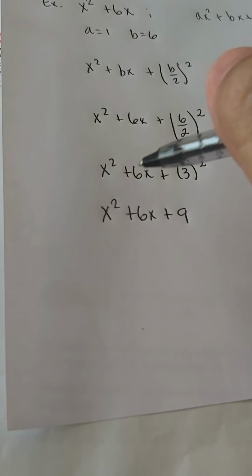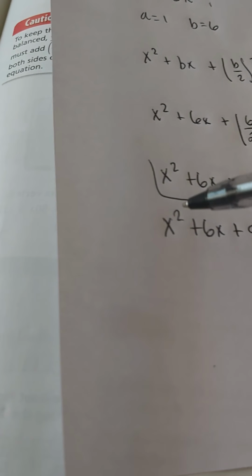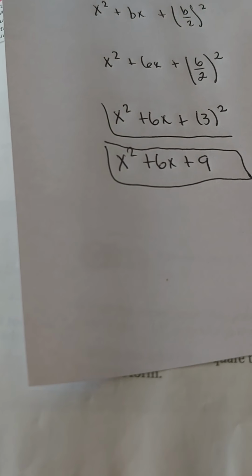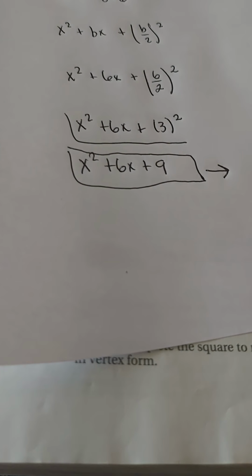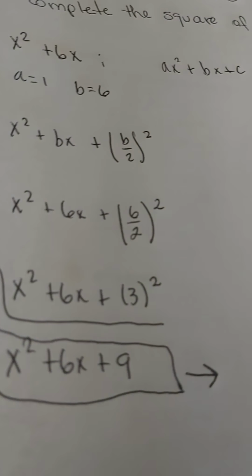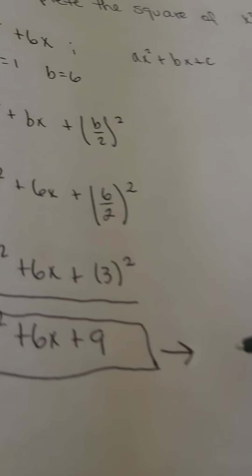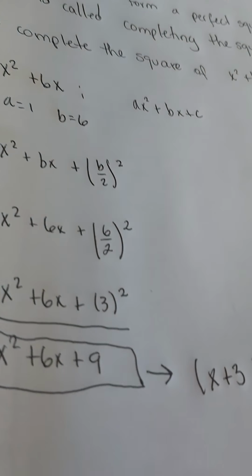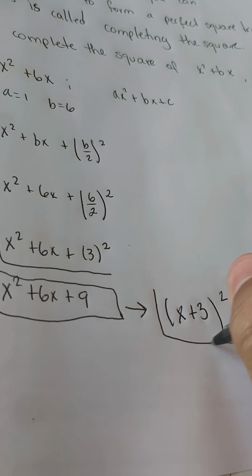Now we have completed the square, and now we have a perfect square trinomial. What will this perfect square trinomial be? It will be x plus 3 squared.